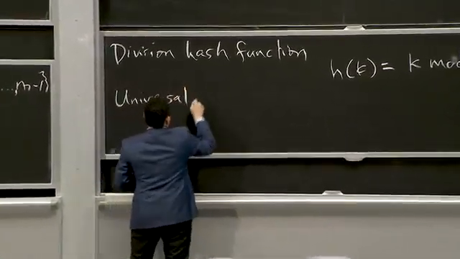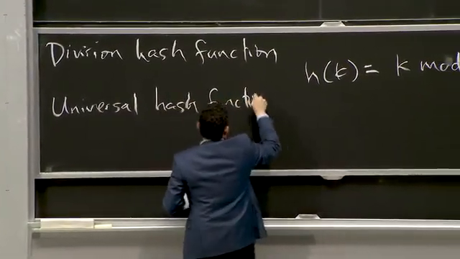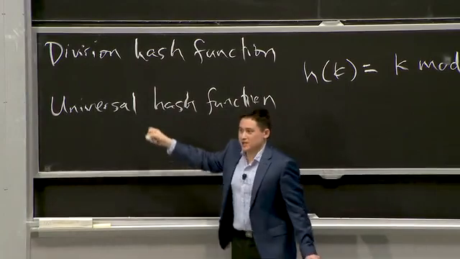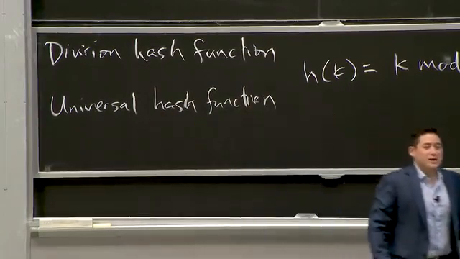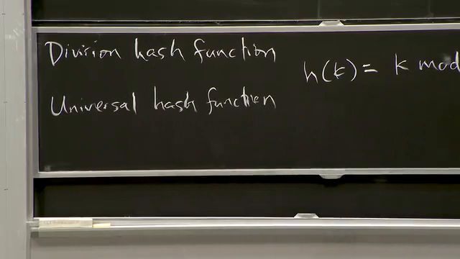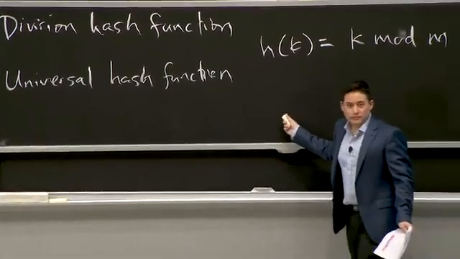This is a little bit of a weird nomenclature, because I'm defining this to you as the universal hash function, but actually universal is a descriptor. There exist many universal hash functions. This just happens to be an example of one of them, okay?